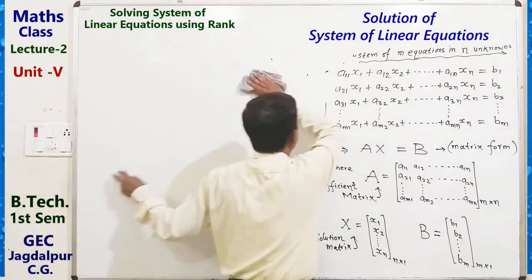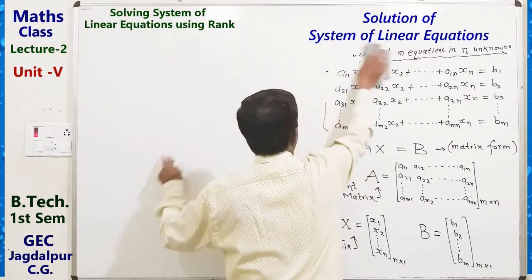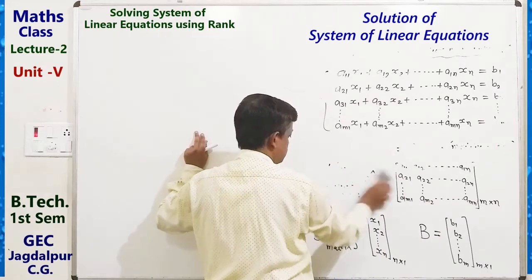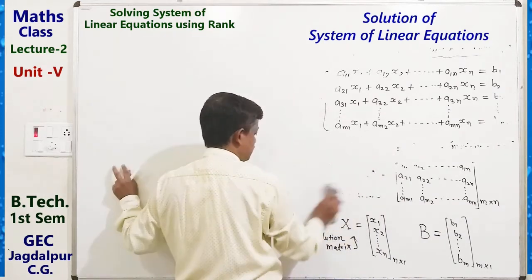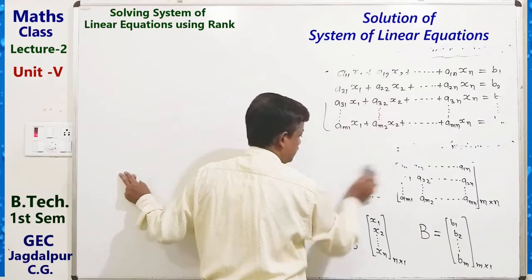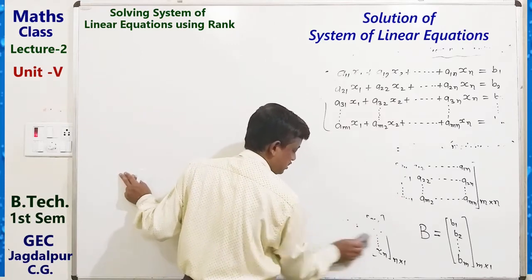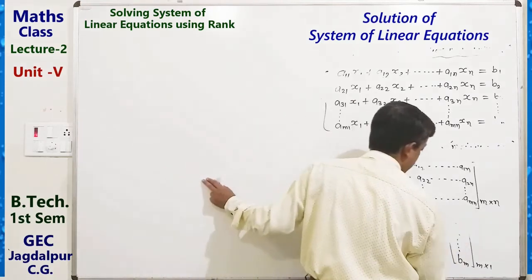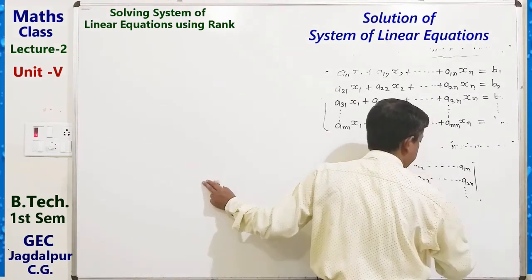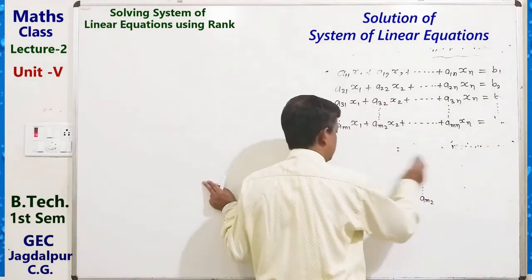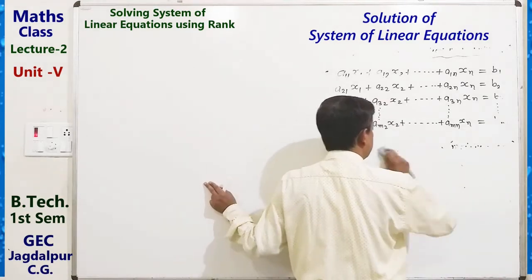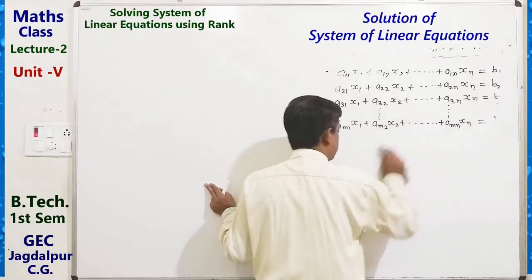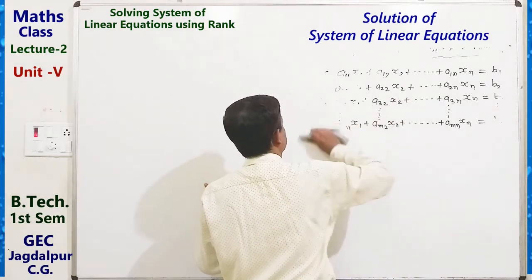Always we have to write the system as a matrix equation, where the value of x, the value of b, and the value of the coefficient matrix A we have to write first, and then make the augmented matrix and convert it to echelon form, or upper triangular form matrix.